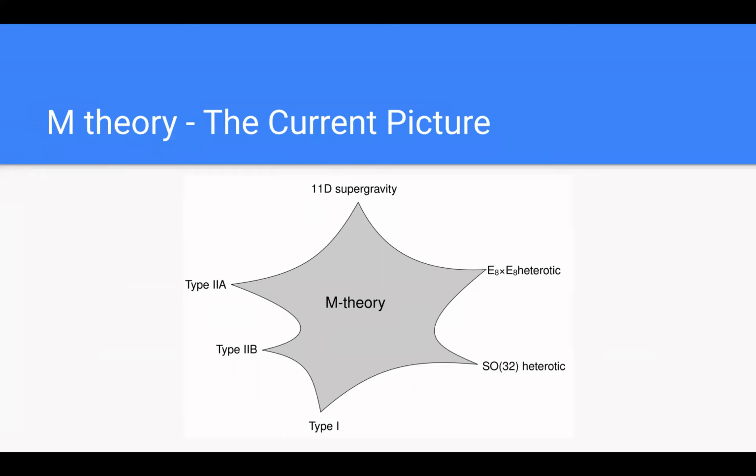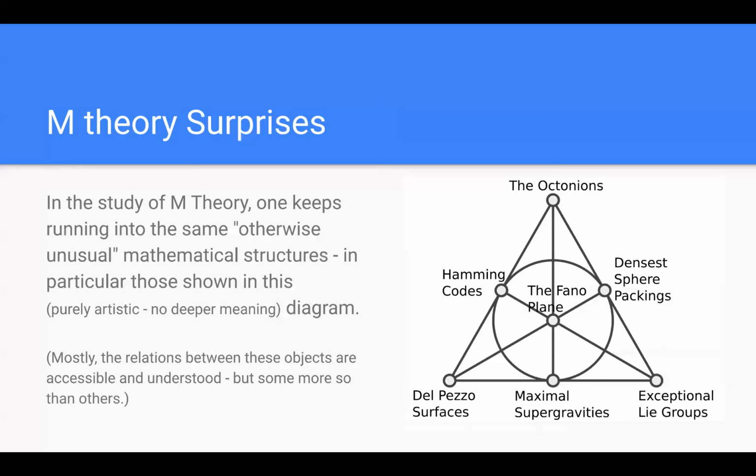This is the picture that we've had since the second superstring revolution in 95. So we have these different limiting cases that include the 5 superstring theories and 11-dimensional supergravity, and M theory then connects these. Studying M theory, one encounters a few surprises.